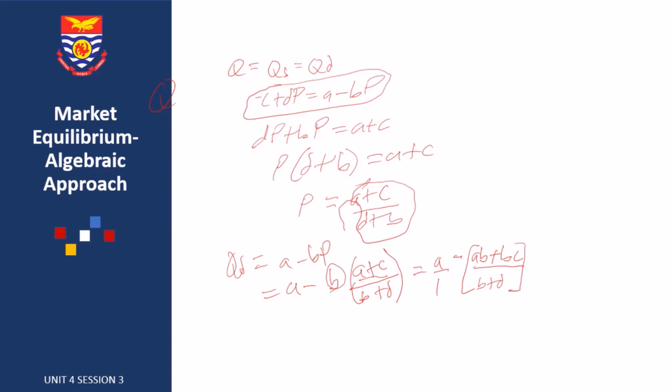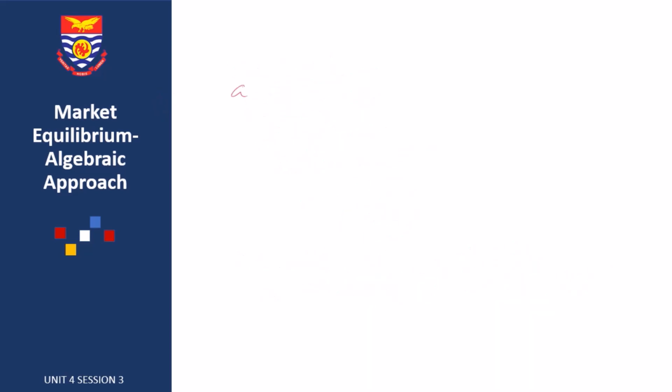The LCM will be B plus D. Then 1 goes into B plus D times, so I had A times this. Then the LCM B plus D will go into B plus D once. So I expand, AB plus BC, all divided by B plus D. That was what we had.